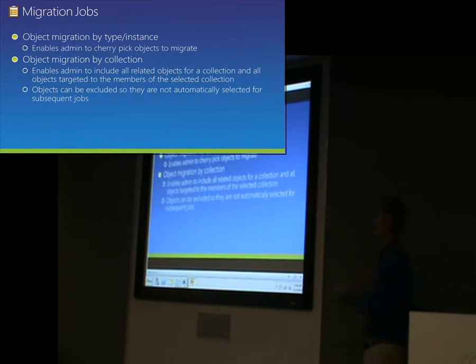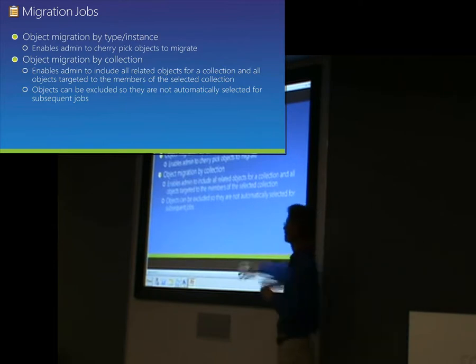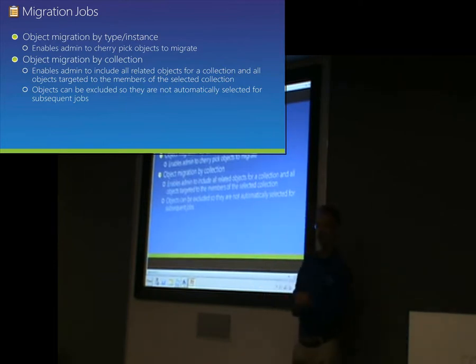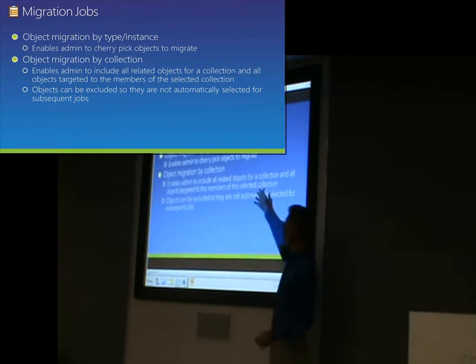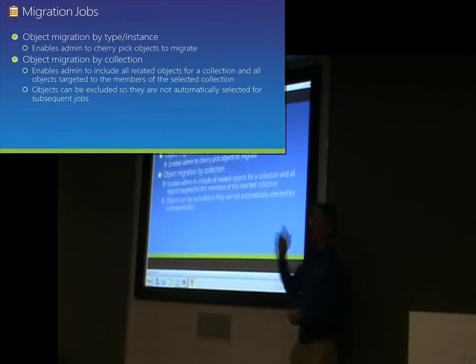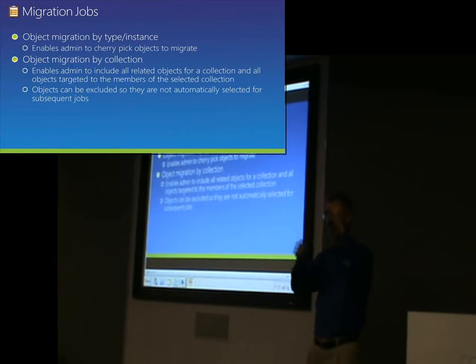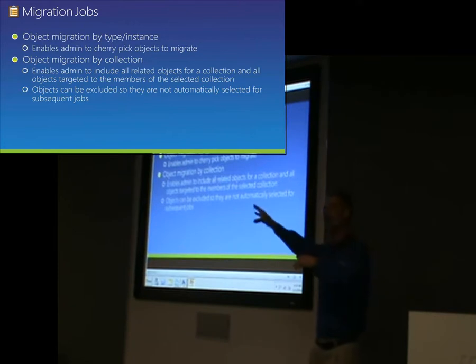What we think most people are going to do instead is do migration by collection. I can take a collection of clients and move clients over by collection. So what this is going to do when you say migrate by collection is going to query that collection and look at all the objects that that collection refers to. Software distribution packages, advertisements, software updates, DCM objects, OSD stuff, and show you all the objects that are used by that collection.